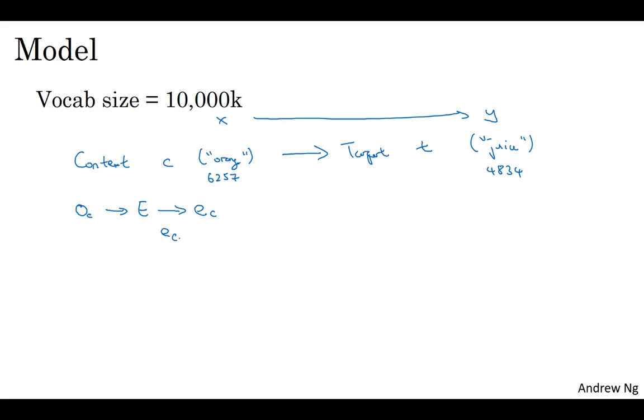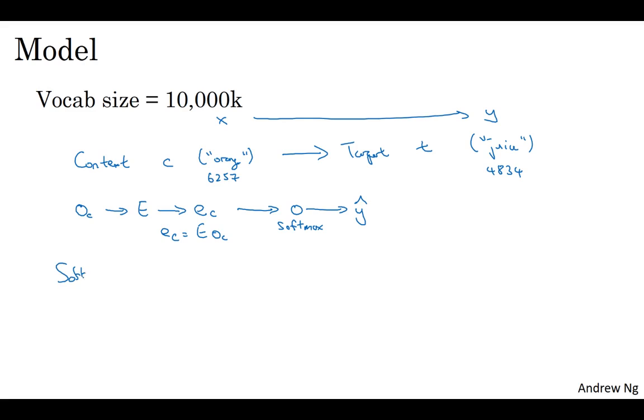So here, EC is equal to capital E times that one-hot vector. Then in this little neural network that we'll form, we're going to take this vector EC and feed it to a softmax unit. So I've been drawing softmax unit as like a node in the neural network. That's not an O, that's a softmax unit. And then there's a job of the softmax unit to output Y hat.